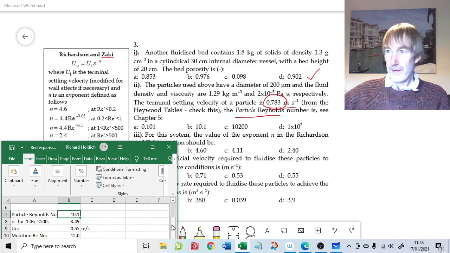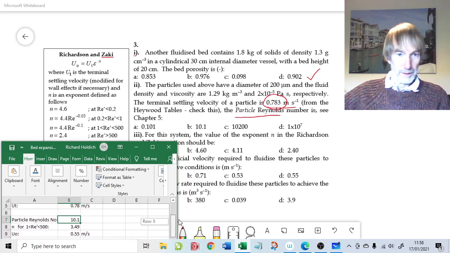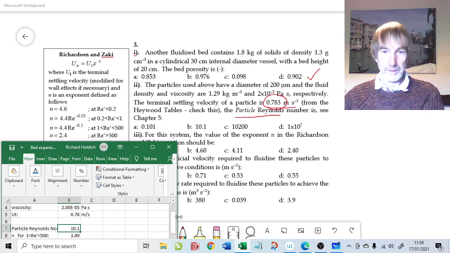Now the next aspect to this is the equation to use for the exponent in the Richardson and Zaki equation. So we have the calculation, which I'll go through in a second or two, and the n value comes out to be 3.49. So let's actually go through that.